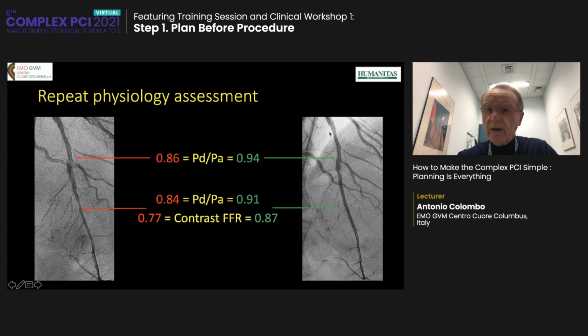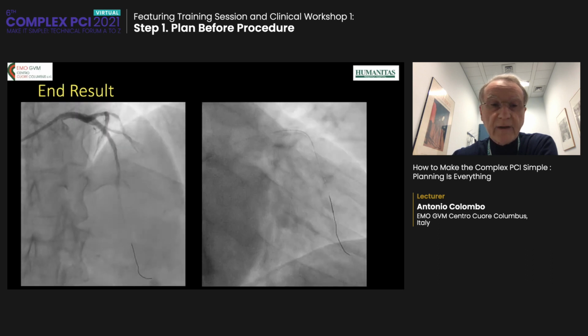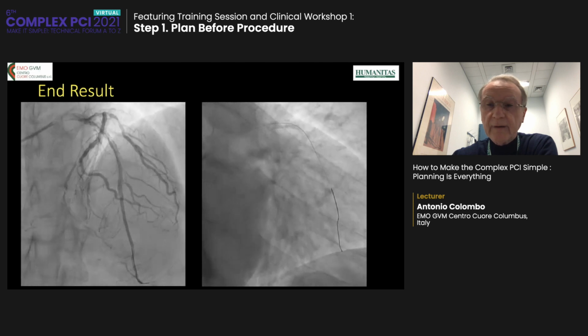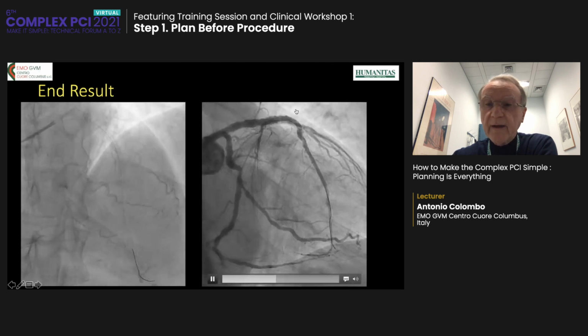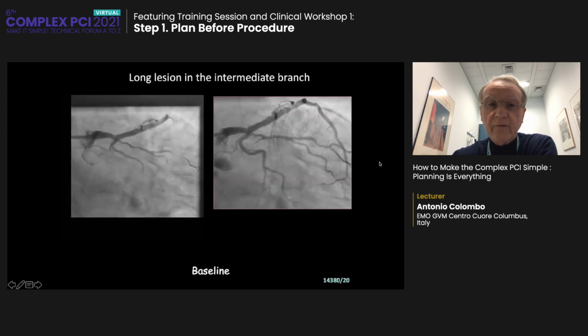This approach tells us that not every dissection needs to be stented. It is time to evaluate dissections and understand which is a malignant from a benign dissection. Again, the final result with a single stent and a drug-coated balloon for the distal vessel.